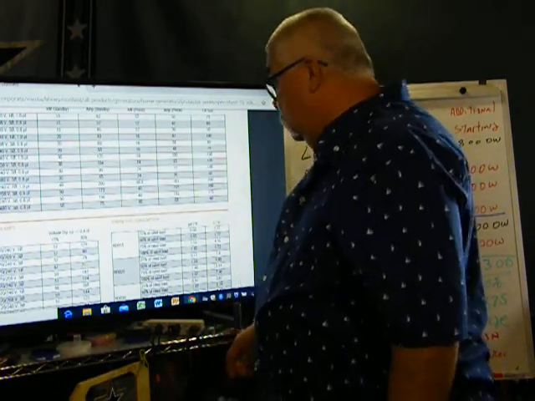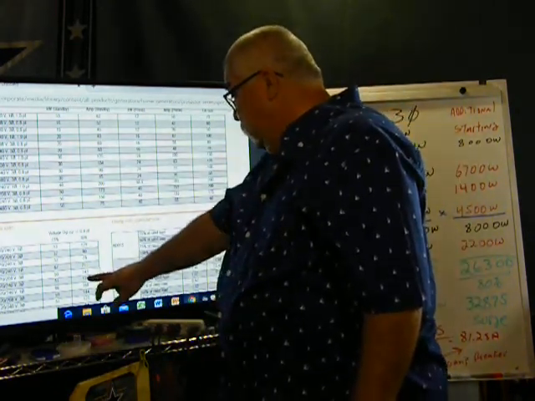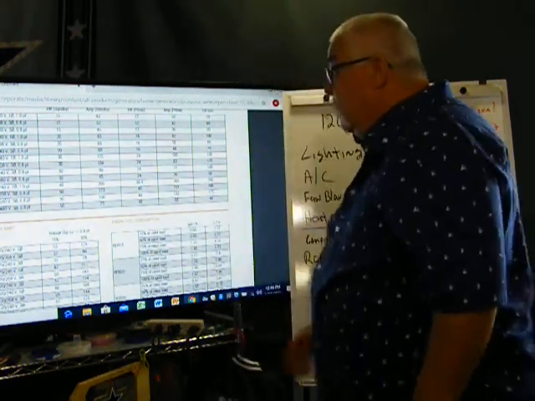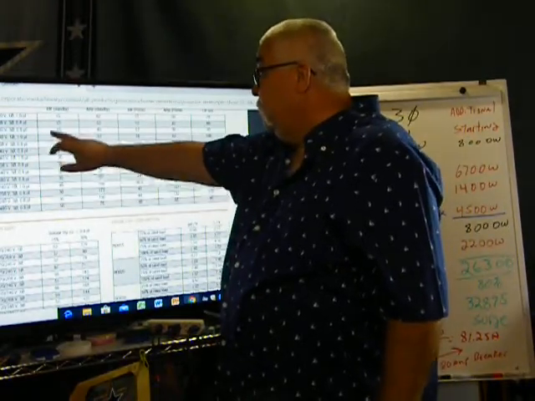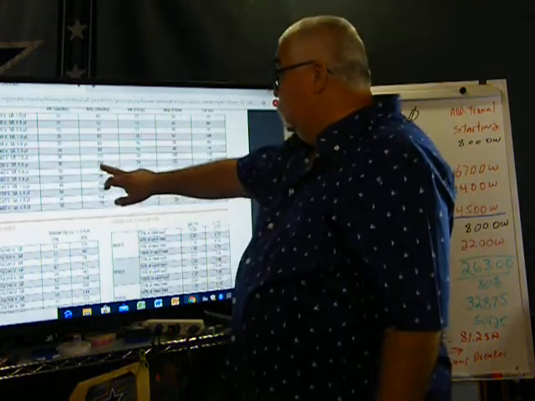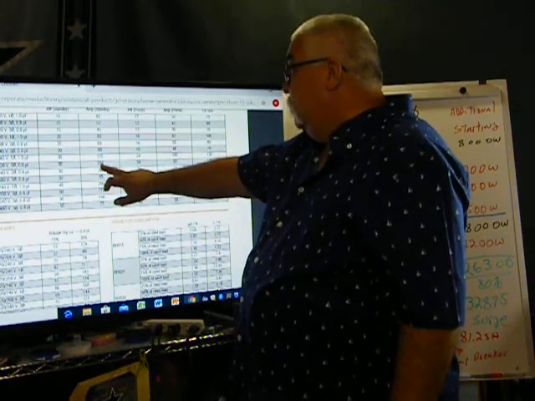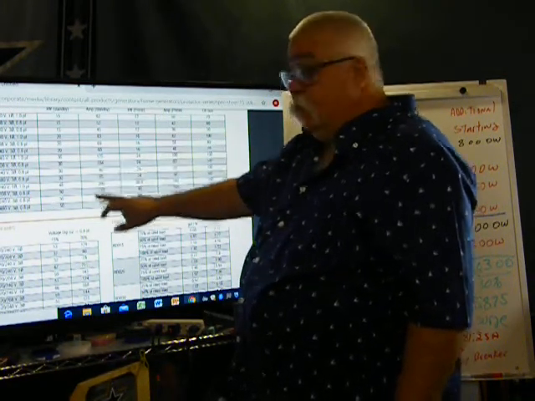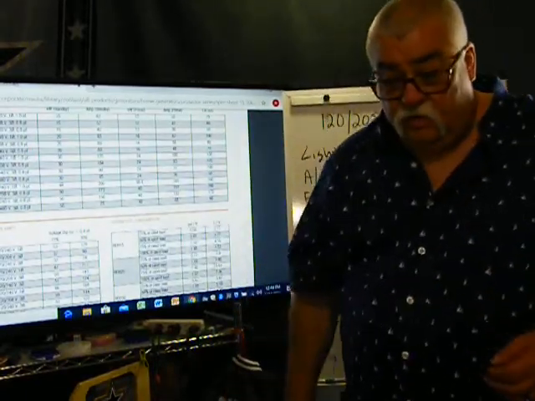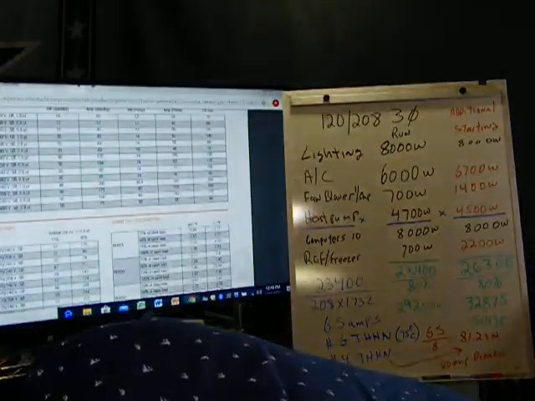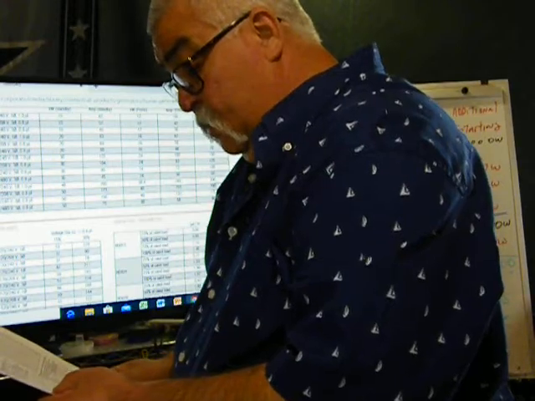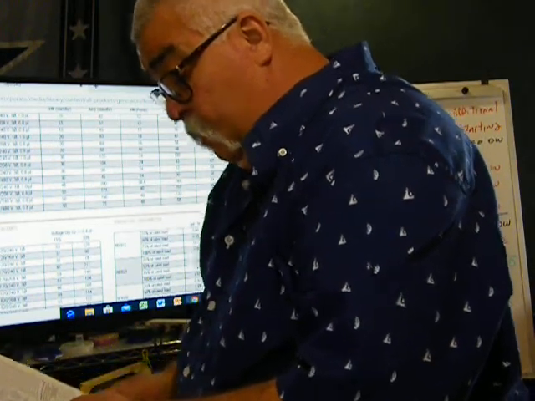My surge at 30%, it can get up to about 143. Okay, I can go up higher. Here I can go to the 30, since at 15 that's not enough. So I can go to the 30 if I want to add more. It does 104 amps at 120/208. So now I've got to run a wire that can carry 104 amps. Let me get my sheet real quick. So 104, I'll be looking at number 2 wire.